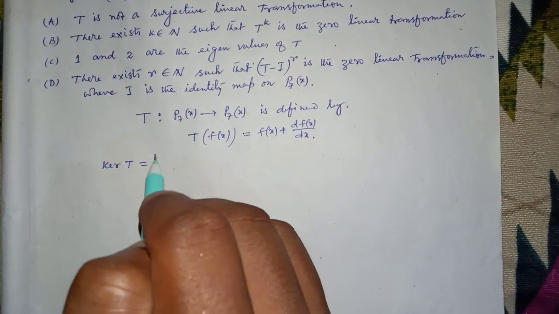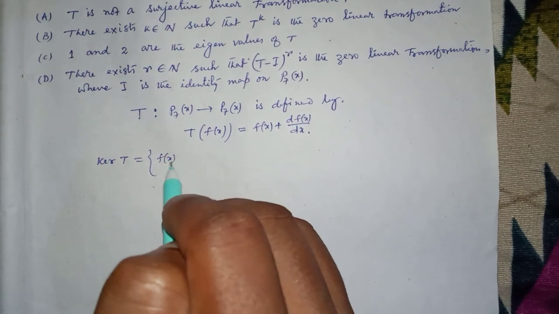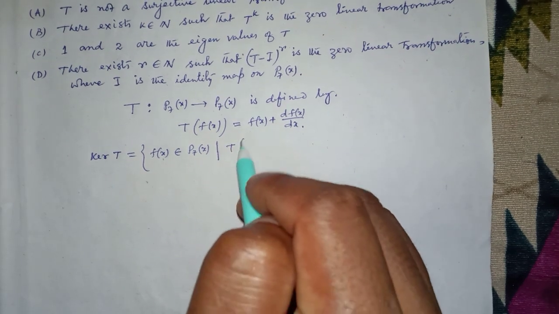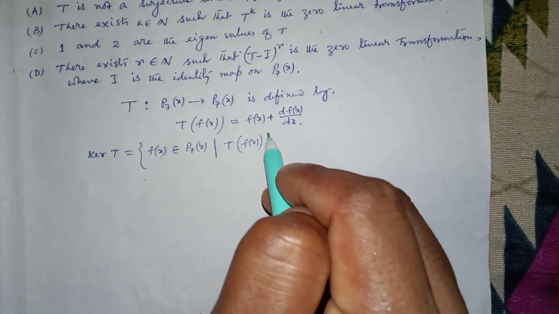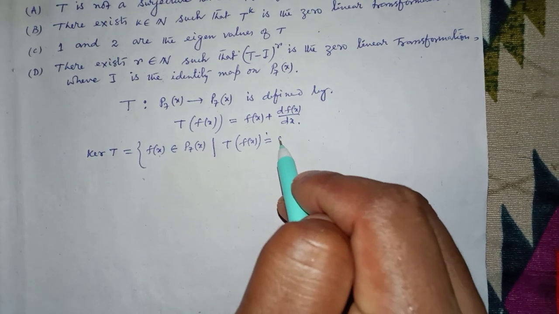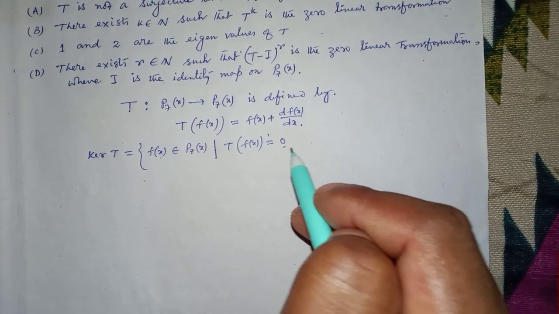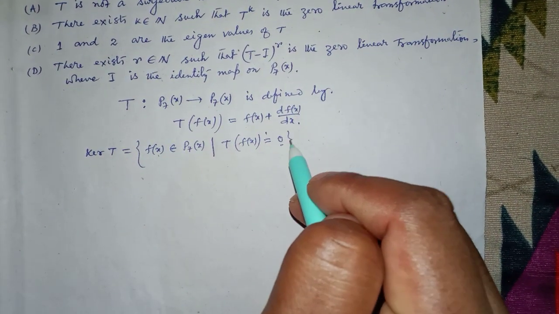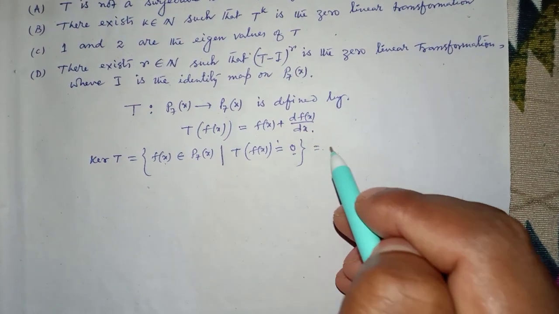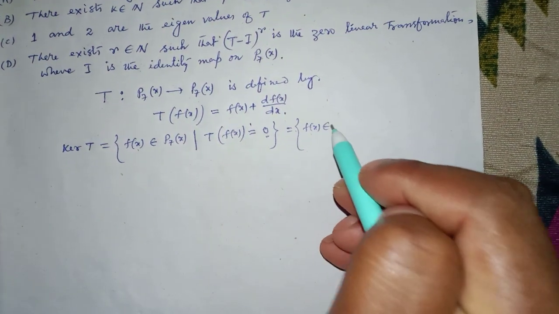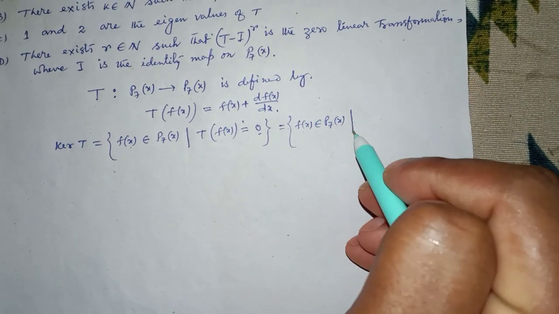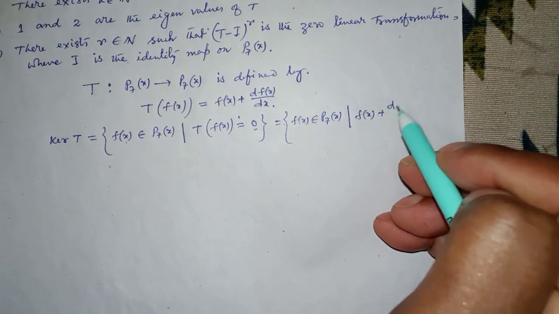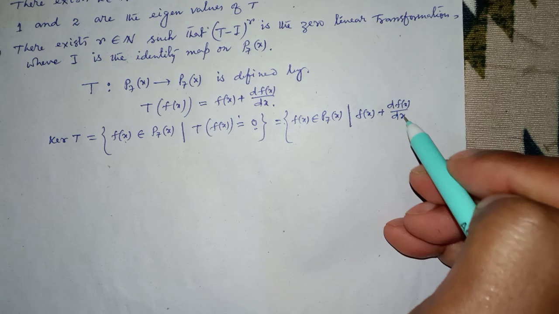So ker T is equal to f(x) belonging to P7(x) such that T(f(x)) = 0, because 0 is the identity in P7(x). So it is f(x) in P7(x) such that T(f(x)) = f(x) + df(x)/dx = 0.